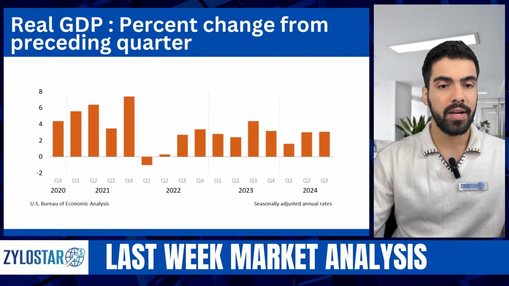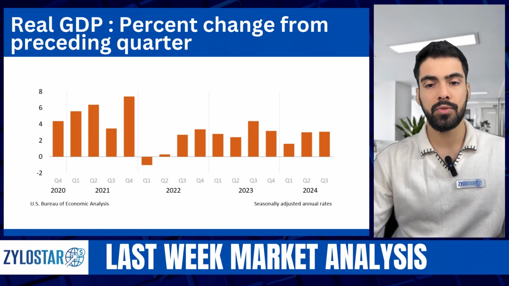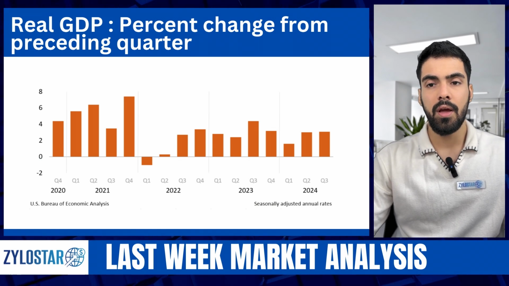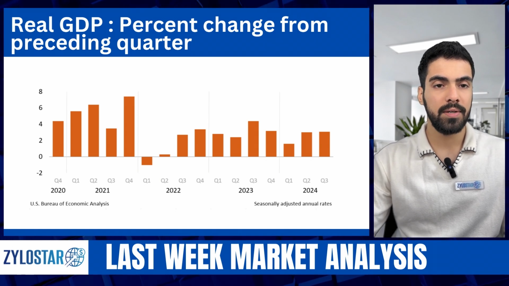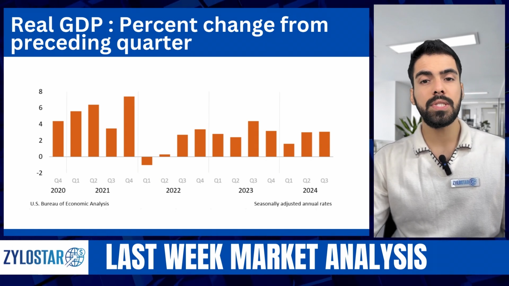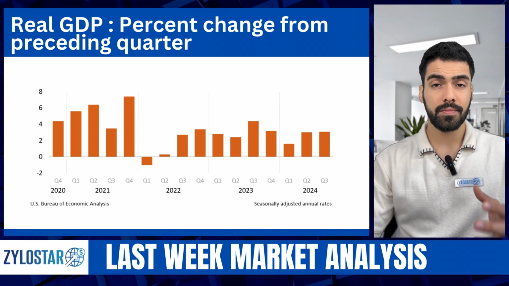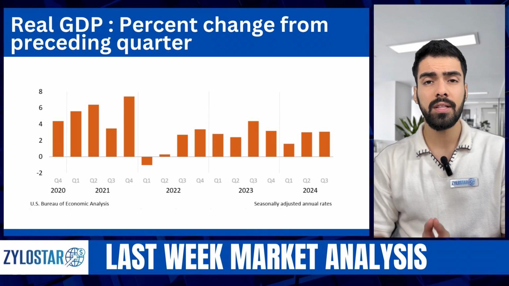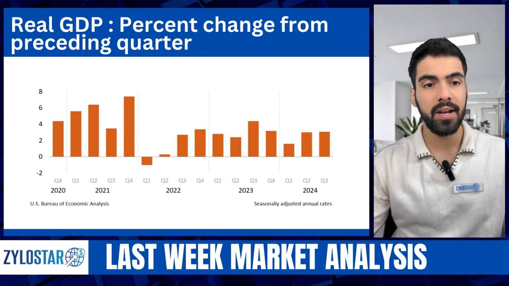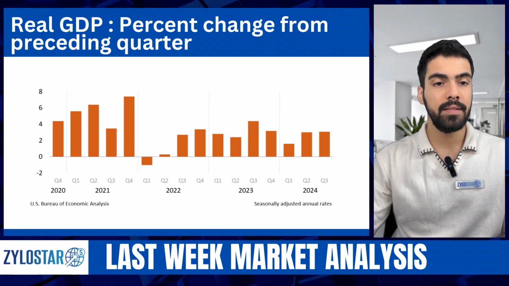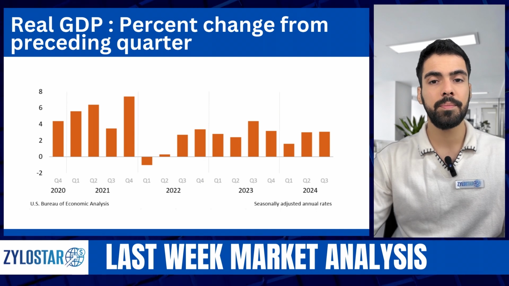Let's analyze the final revision, or better to say the third revision, of the GDP for the third quarter of 2024. Disposable personal income increased $141.5 billion or 2.7%, an upward revision of 18.6 billion from the previous estimate.